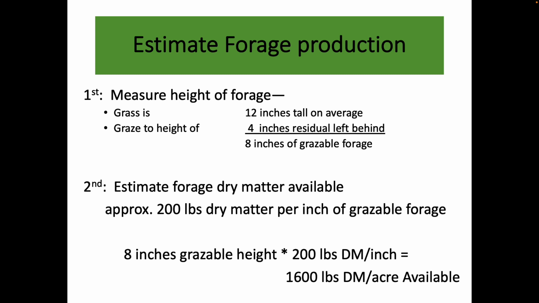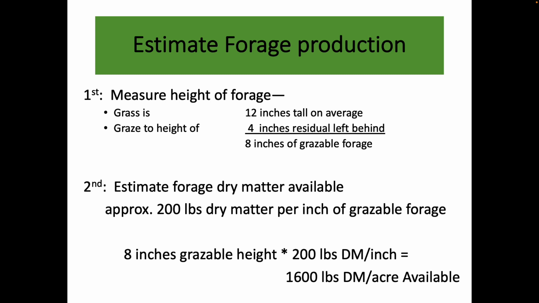To estimate the forage production, we can measure the height of the forage. You guys will actually do that, I think, when you go out to the farm. So if the grass is about 12 inches tall on average, and we want to graze to a height of 4, so we leave 4 inches of residual when we leave that paddock, then we have 8 inches of grazable forage.